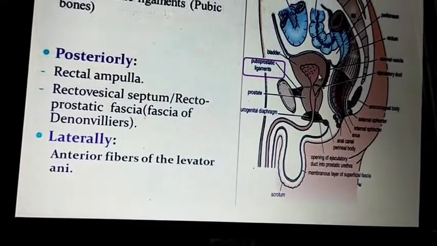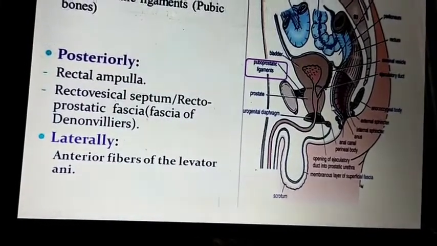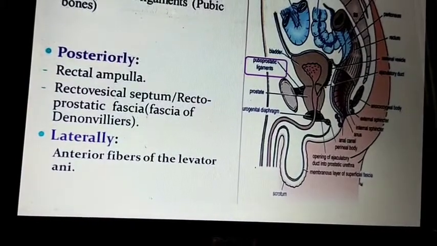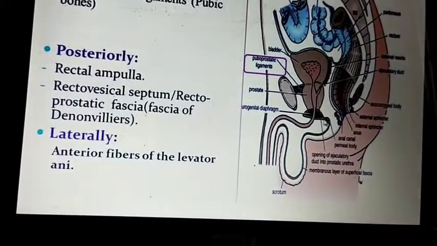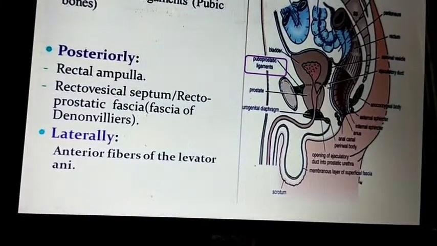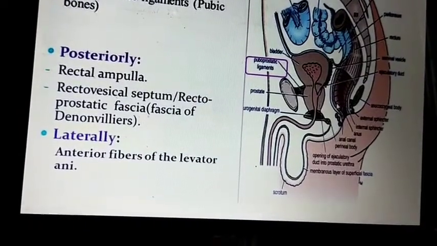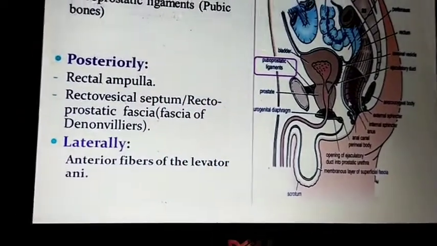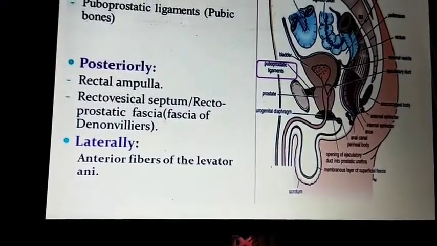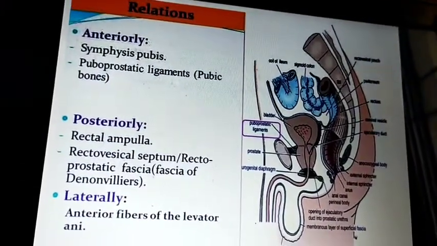It is present between the bladder and rectum, and between the prostate and rectum: the rectovesical septum or rectoprostatic fascia, the fascia of Denonvilliers. Laterally are the anterior fibers of the levator ani muscle. These are the relations of the prostate.